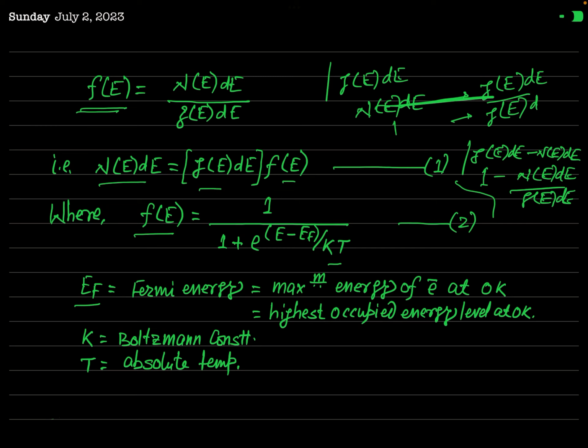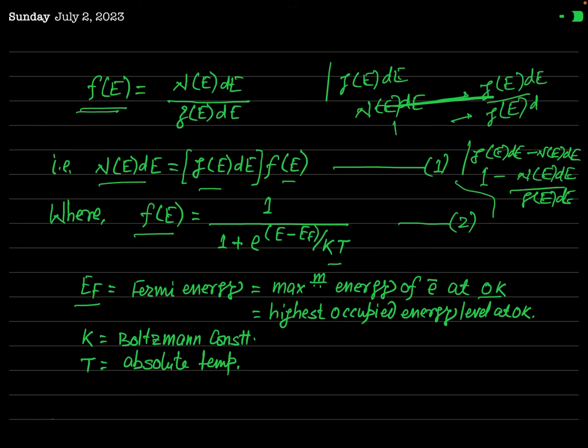Actually, we will calculate this Fermi energy level in a forthcoming lecture. But till now, you have to know that this Fermi energy represents the maximum energy of a fermion at 0 Kelvin temperature. Okay? From classical physics, when you talk about energy at 0 Kelvin, that is simply 0. But quantum mechanics says that even at 0 Kelvin temperature, the energy will not be 0.